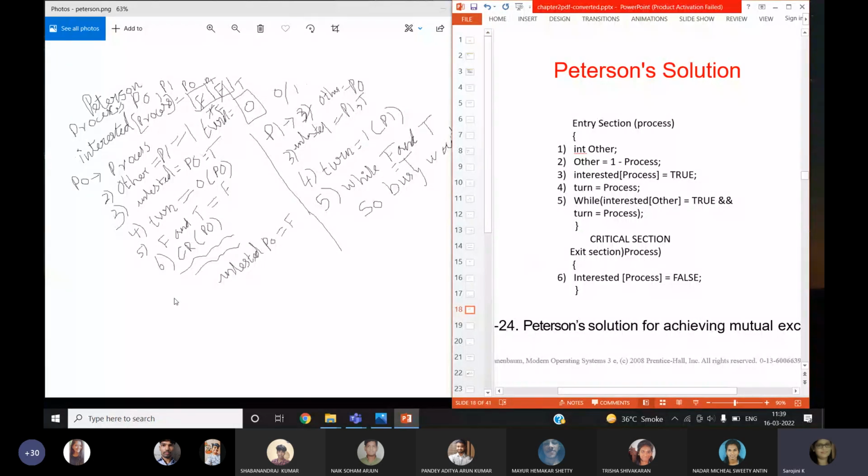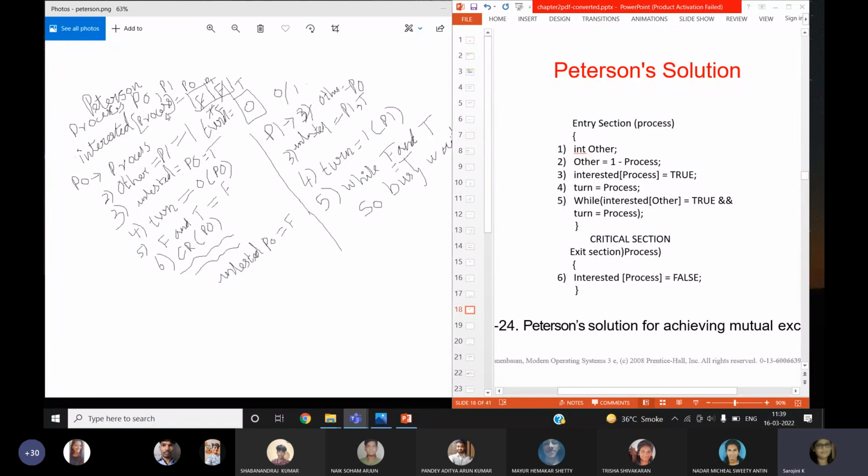Now, what the Peterson solution says: here there are two processes. Look here, I will explain the algorithm also. We assume that those processes are P0 and P1. Assume that there is a variable called interested process.